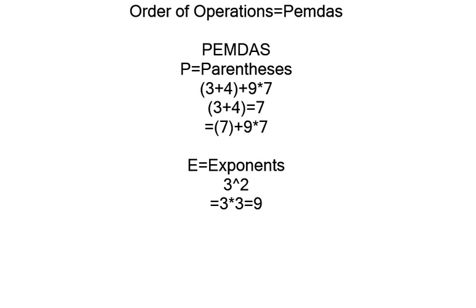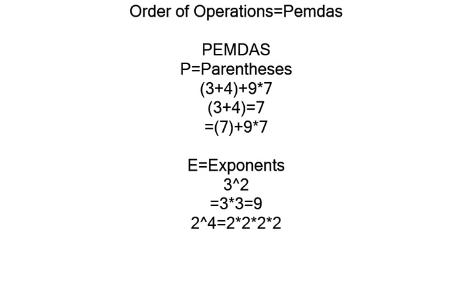Now let's go through another example, just to make sure we understand it fully. What if the power is not 2? What if it's something greater, like 4 or 5? Let's say 2 to the power of 4. Now the exponent is 4, so we have 4 different 2's: 2 times 2 times 2 times 2.